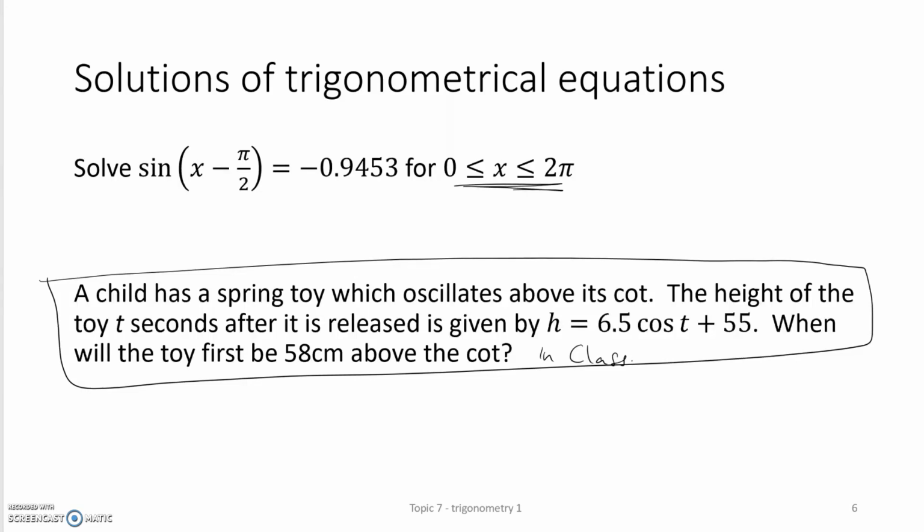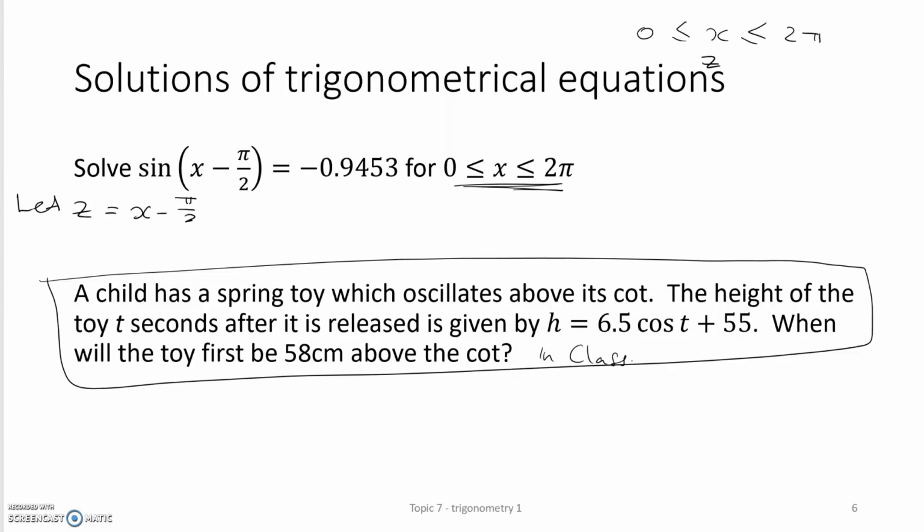Same thing, let's call z x minus pi by 2. So we've got 0 is less than or equal to x, which is less than or equal to 2 pi.